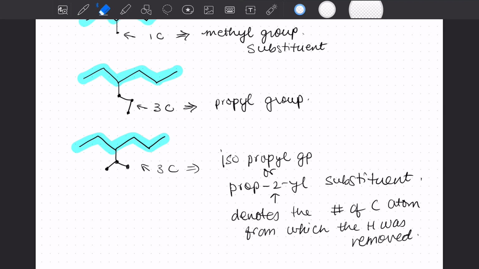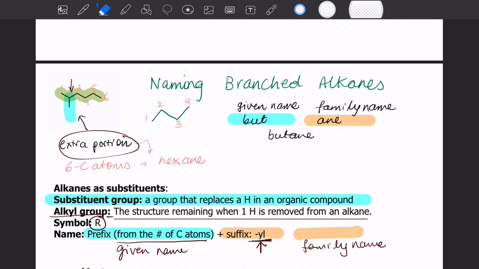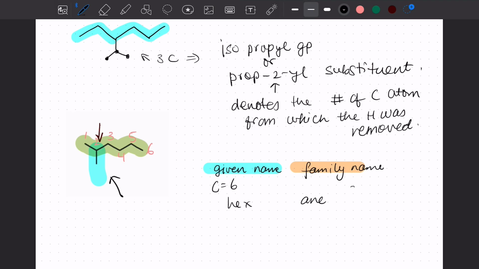So now let's go back and talk about the structure we'd started with at the beginning. So here you've got a 6 carbon chain, which tells you that the given name would come from hex. And the family name is ane because they are all single bonds. And you have this substituent, this extra portion, which is 1 carbon long.